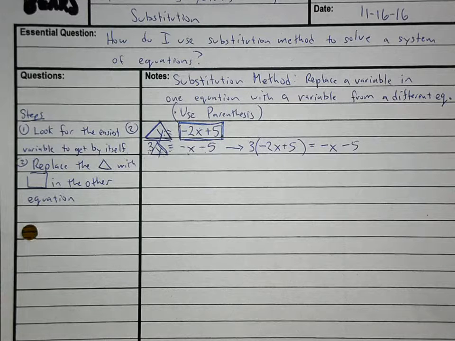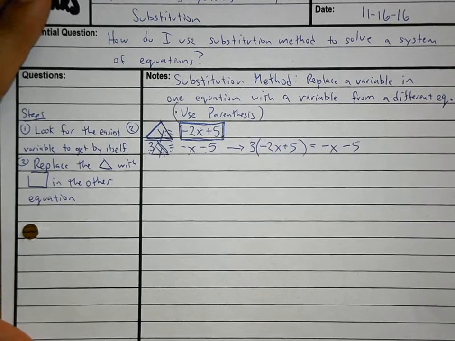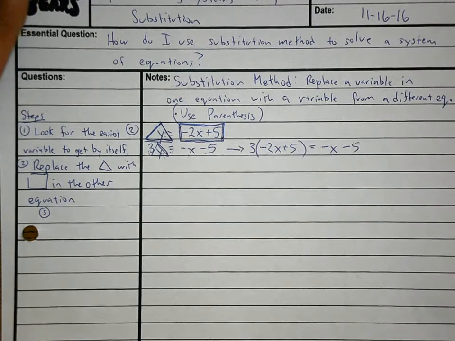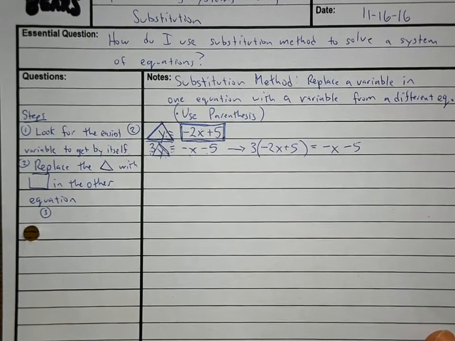Is that good? A little confusing at first, but it works. It has the y equals negative 2x plus 5. You're good. Is it x equals y 4? Negative 2x plus 5. Yeah.